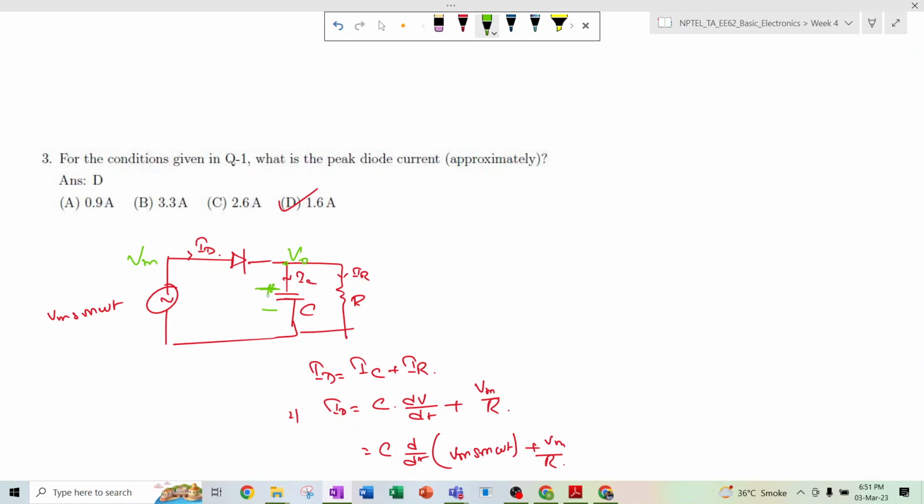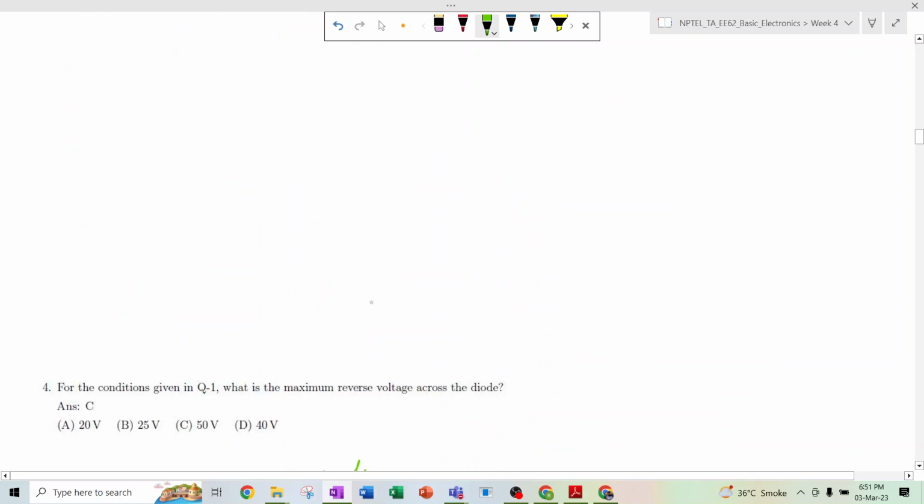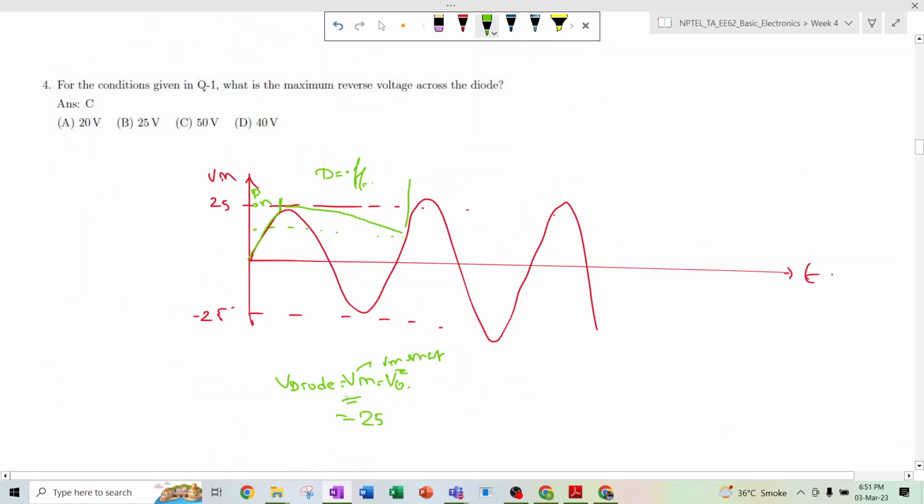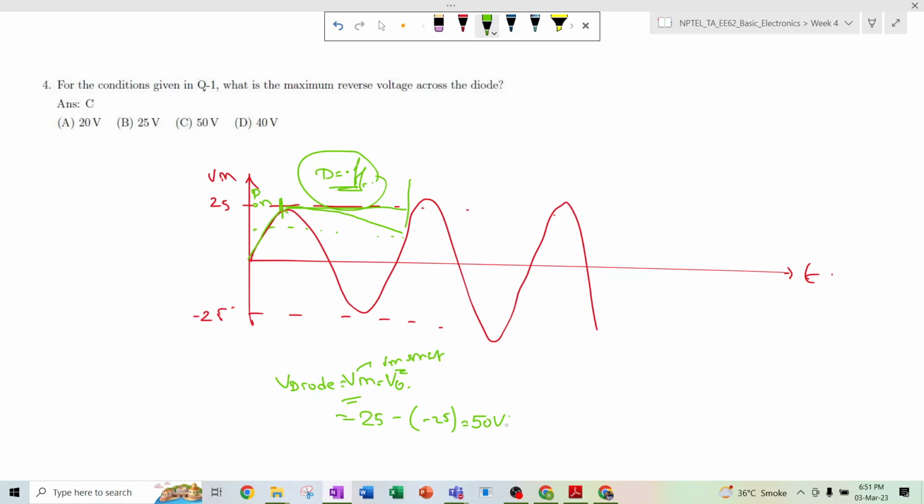So the capacitor can charge till 25 volt, and if it retains the 25 volt also, then the diode was also off. So maximum the voltage minus 25, that means this 50 volt can appear as a maximum value for the diode to be in the reverse bias. You understood, right? There is a diode, so this is V in, that is nothing but Vm sine omega t, and in this region it's the V out, that is the output.